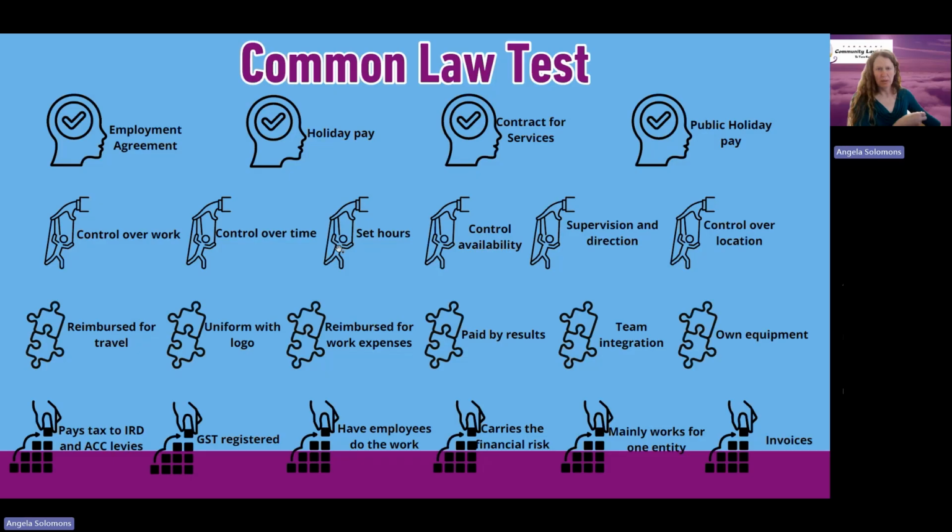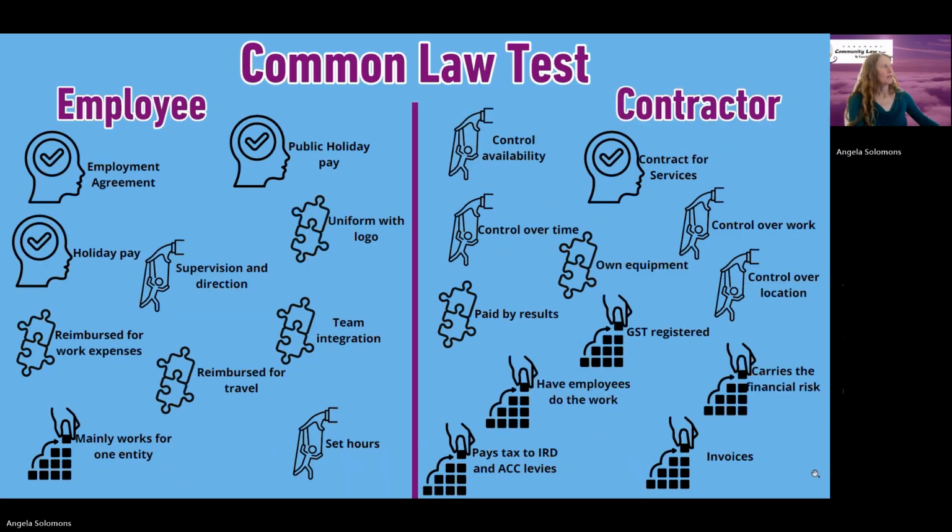If somebody has set hours, they are more likely to be an employee than a contractor because there's that level of control. By contrast, if somebody can control their availability, when they are available for work and when they are not, then they are more likely to be a contractor. Okay, so just with all of these, work out if this is something that is more likely to be an employee or more likely to be a contractor. And I'll give you a couple of minutes and then we will come back and make it all fit together, I promise. All right, so these are how they shake down.